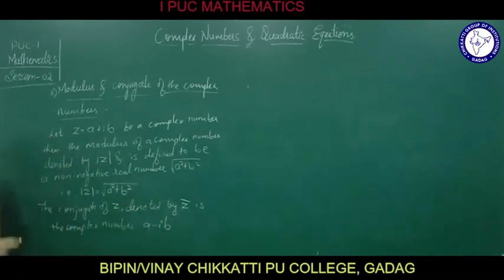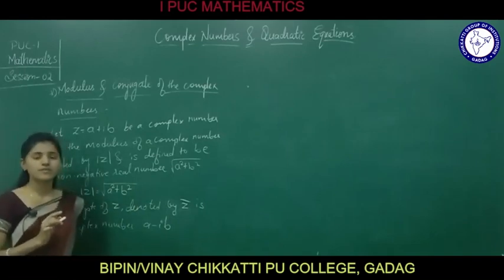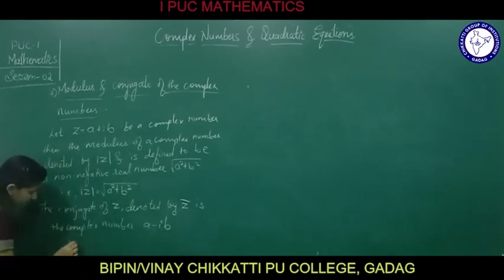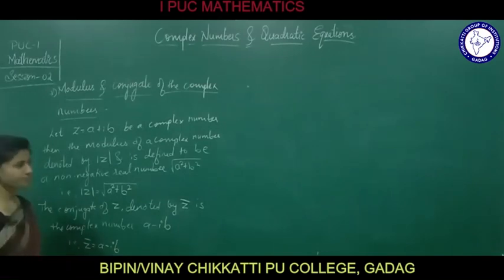That is, if z is a plus ib, then the conjugate of z will be equal to a minus ib. That is, z bar is equal to a minus ib. This is the conjugate of the complex number.